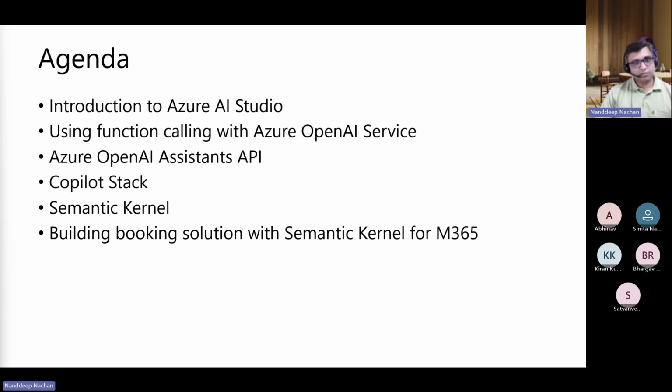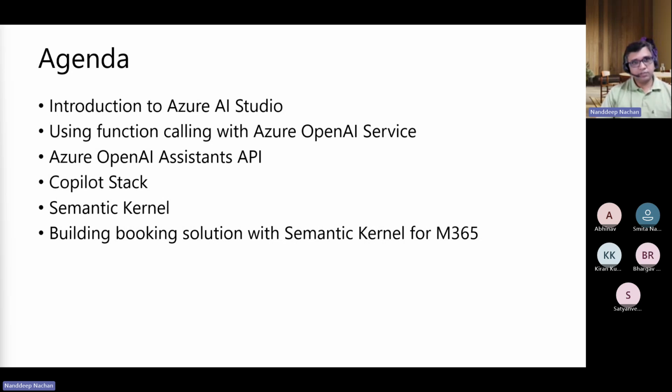Then we will slowly start moving towards the actual topic of today, which is the Copilot Stack. There we will understand how the Copilot has been stacked, and how we will be able to build on top of that so that we can build AI powered solutions for Microsoft 365 as well as in general.